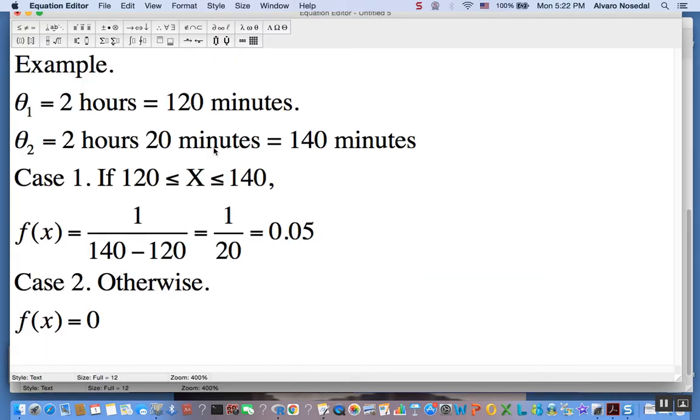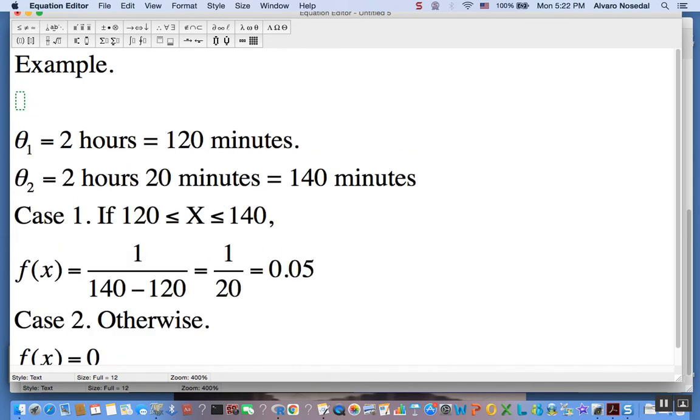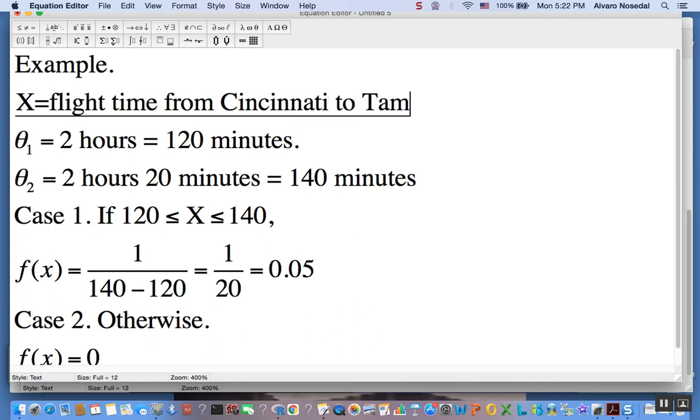So let's say that the random variable of interest x represents flight time from Cincinnati to Tampa.